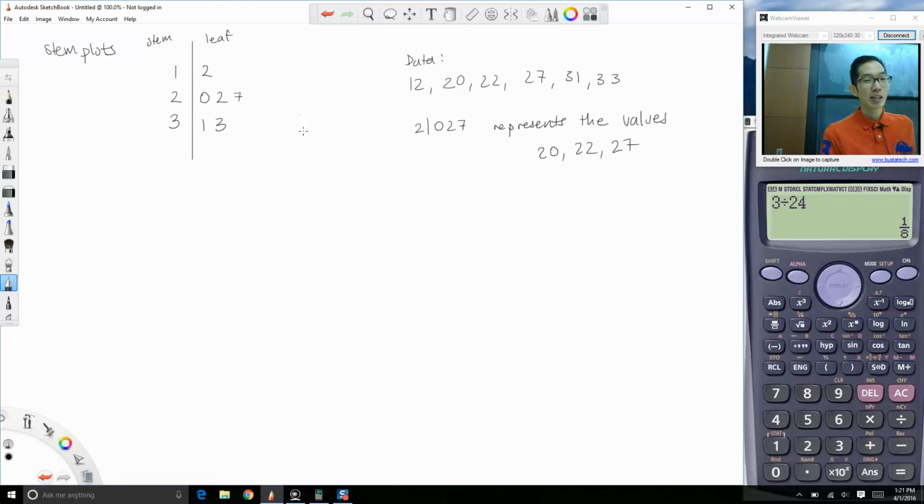All right. If you have a lot of values, you might parse your stem so that there are 2.